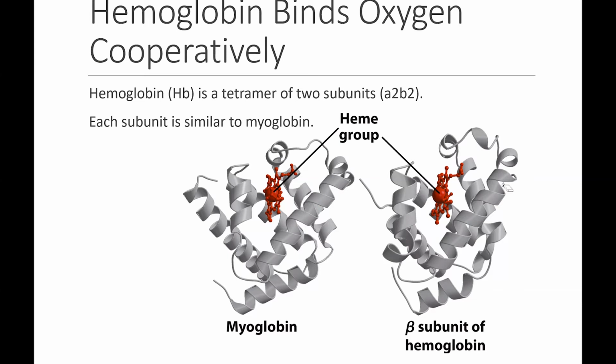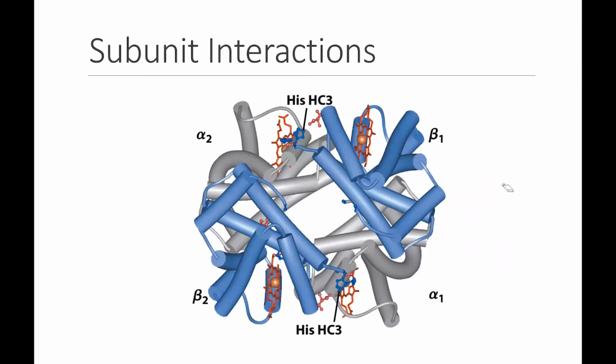So this is just an example of the structure of hemoglobin and myoglobin to show you and get an idea that myoglobin is very structurally similar to one of the subunits of hemoglobin. And hemoglobin is made up of 4 subunits. You can see it has 2 of what we call alpha subunits.